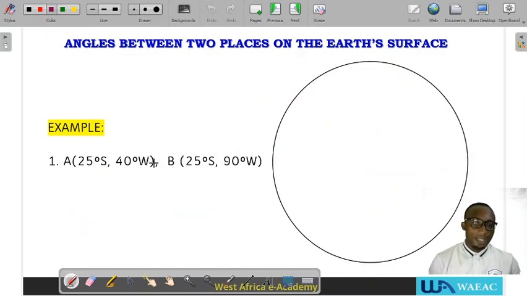So let's continue and look at this example. You discover that the latitude there and the latitude there are the same. So we are not talking about a difference here because they are the same.